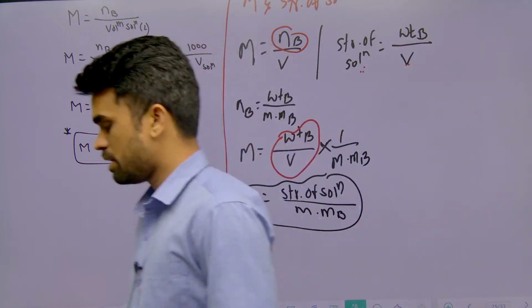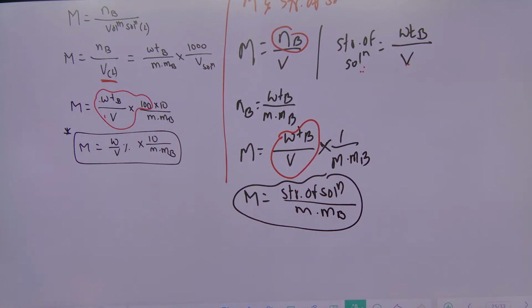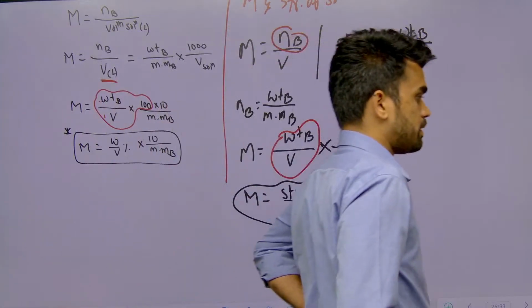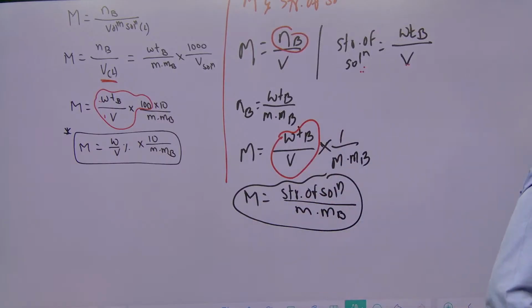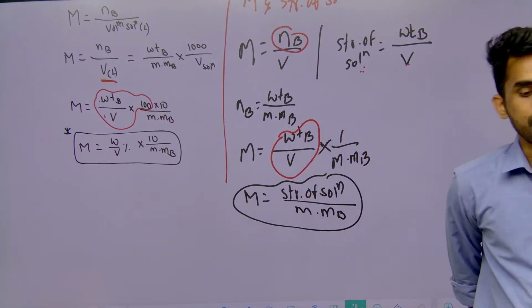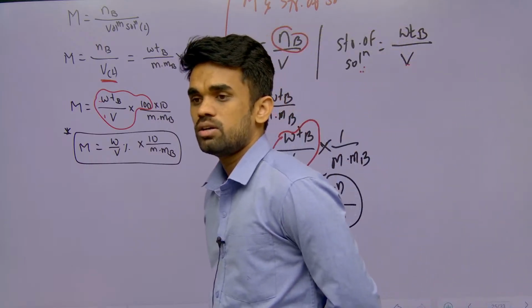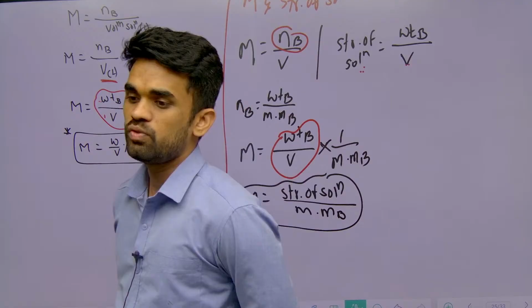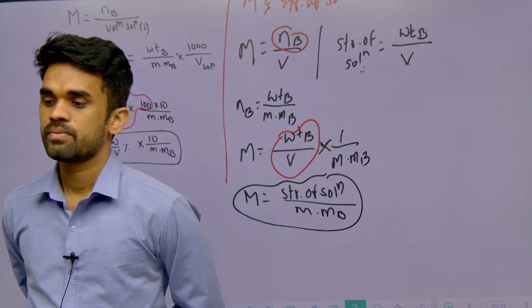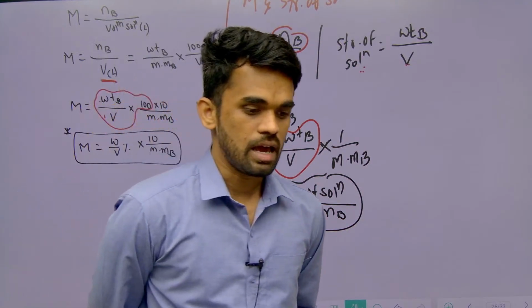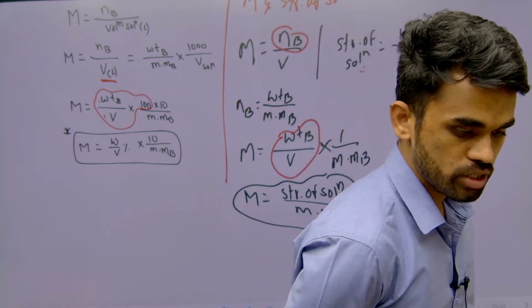Calculate molarity and also strength of solution. Yes, do these two questions, very easy. Once again I am repeating, 90 grams of glucose is added to water to make 250 ml of solution. Calculate molarity and strength of solution.